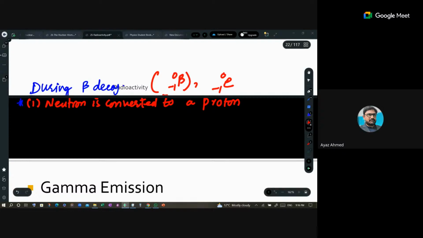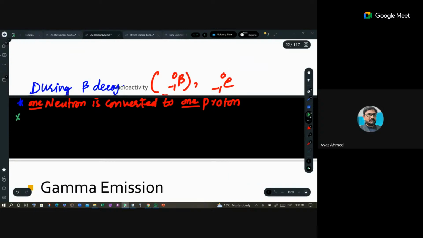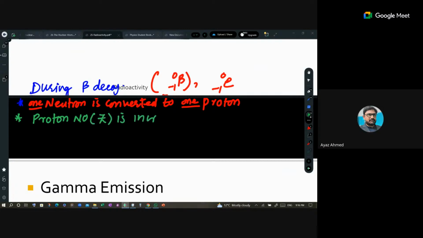So this is what the neutron number, one neutron, only one neutron. You can write in words, one neutron is converted to one proton. So during this, if I consider all this, what happens? The proton number, which is Z, is increased by 1.